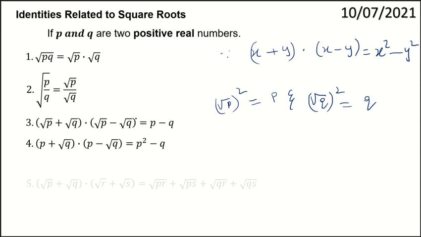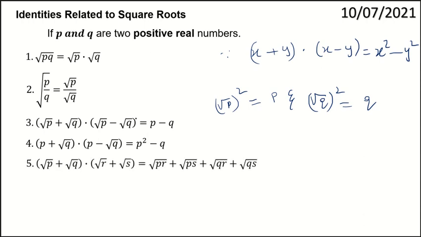Further, root p plus root q multiplied by root r plus root s: here root p into root r is root pr, root p into root s is root ps, root q into root r is root qr, root q into root s is root qs. We are using the distributive property.